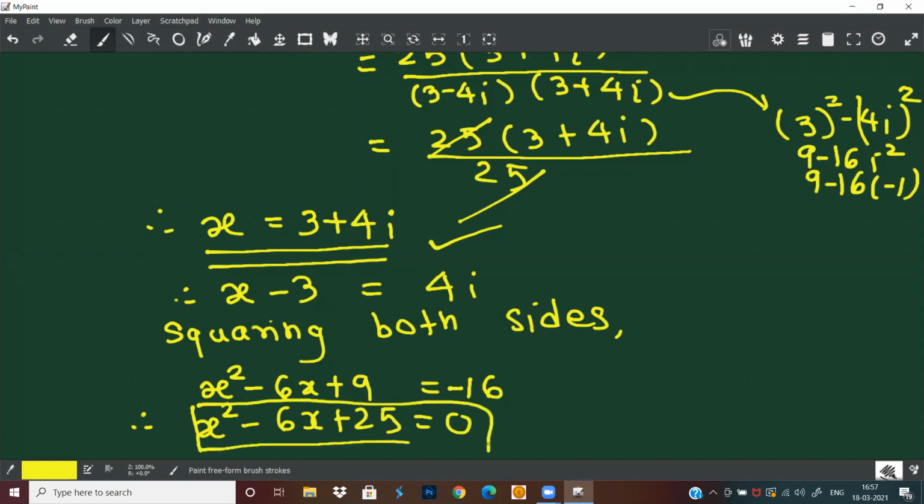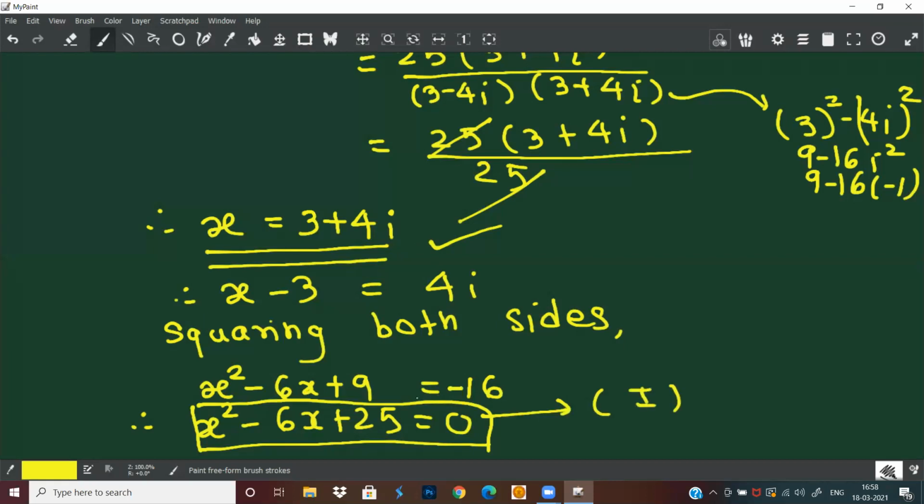This means that if we are given a quadratic equation, we can find the roots. If I find the values of x cube and so on, that will go very long. But now my sum will become short. I got this x square minus 6x plus 25 is 0.